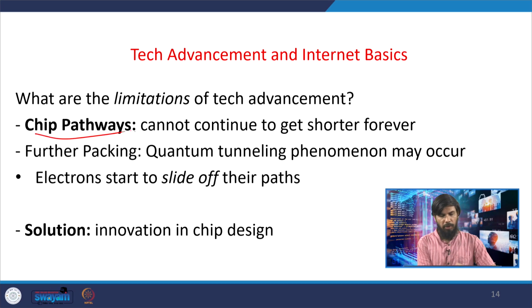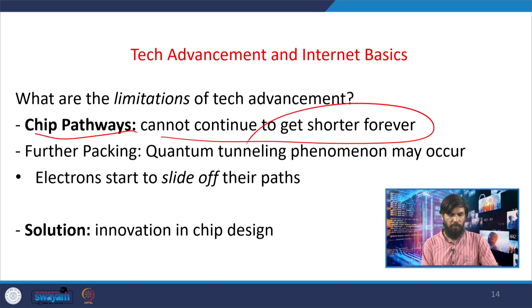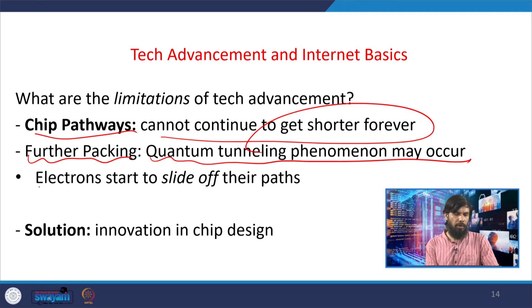Chip pathways cannot continue to get shorter forever. Therefore, eventually there will be a limit to this rate of tech advancement because of the reduction in chip pathways. We are reaching the limit. If we do further packing, another phenomenon, quantum tunneling, may occur. Essentially, electrons might start to slide off their paths.